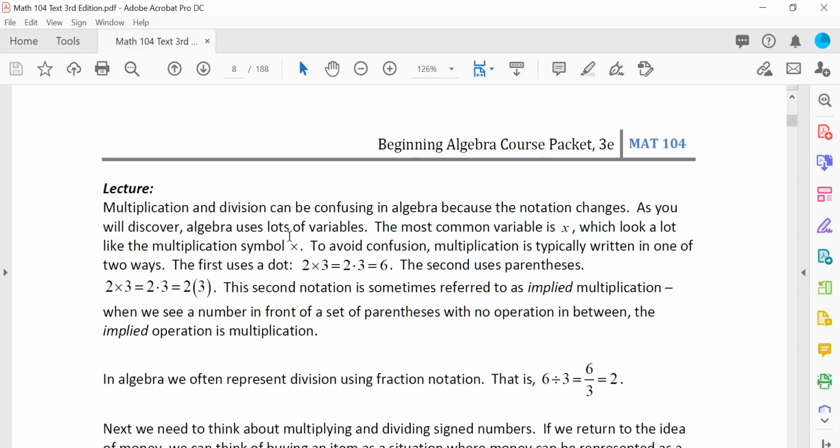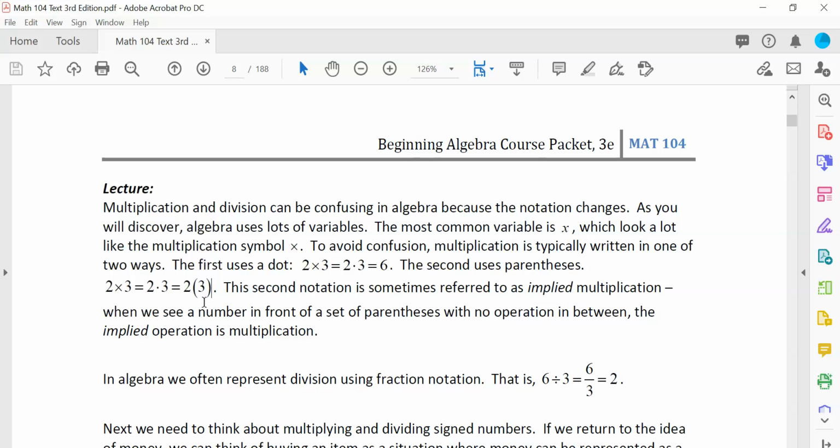One of the things people sometimes get confused on is the difference between the multiplication sign, like this cross here, versus the dot, versus parentheses. All three of these mean the same thing. All three of these mean 2 times 3. They're just written in different ways.